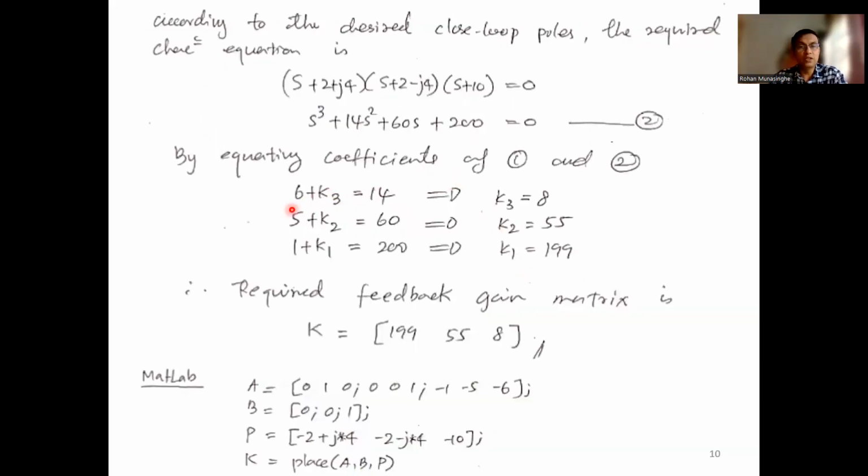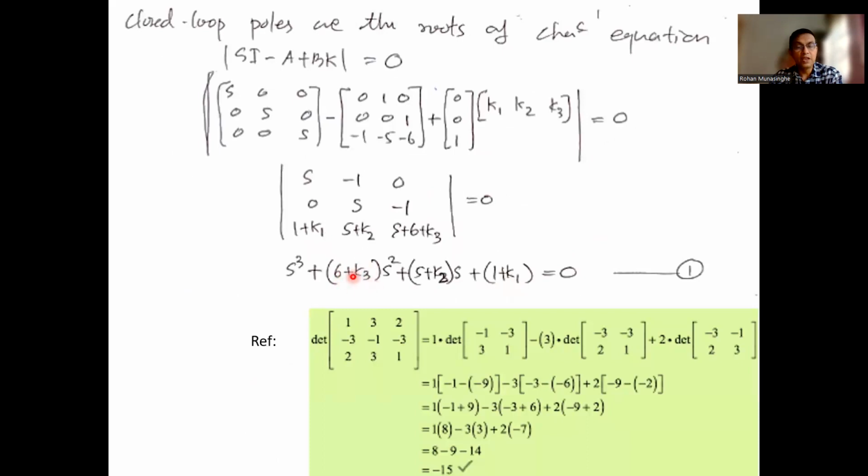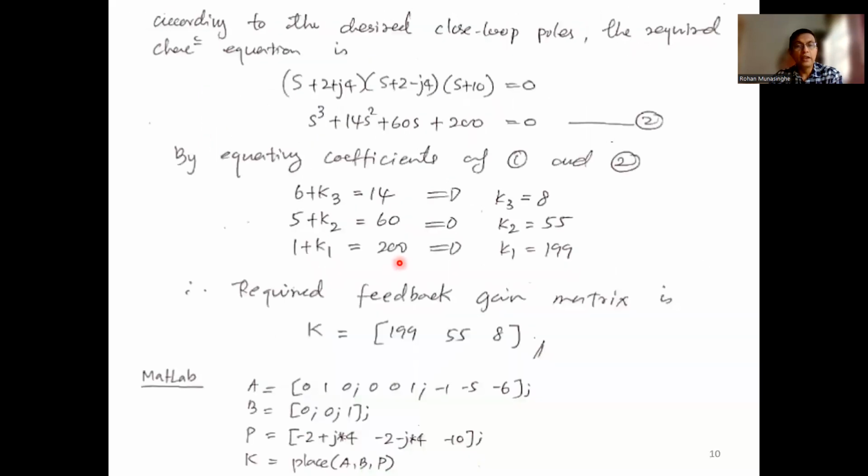And this is what you get, 6 plus K3. This is coming from the second term of the polynomial, which is 6 plus K3 times S square. And here it is 14S square. So therefore, 6 plus K3 should be equal to 14.